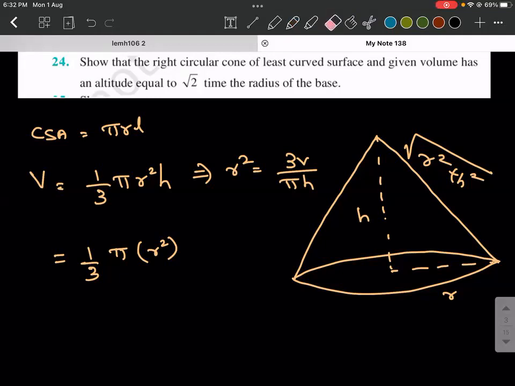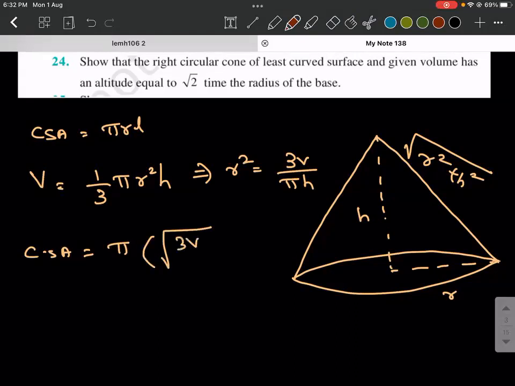Okay. Then what will happen to the curved surface area? Pi into, in the place of R, I can write root of 3V divided by πH, into, in the place of L, root of 3V divided by πH plus H², the whole power half.